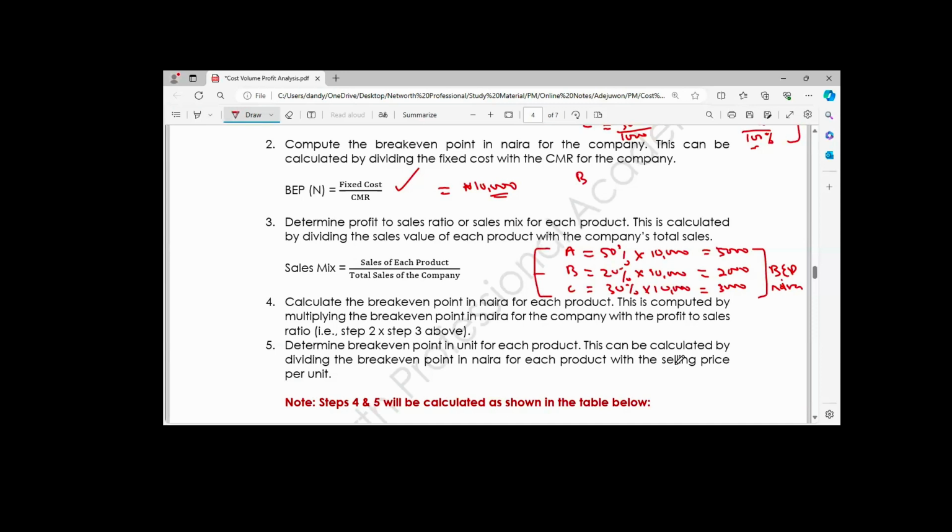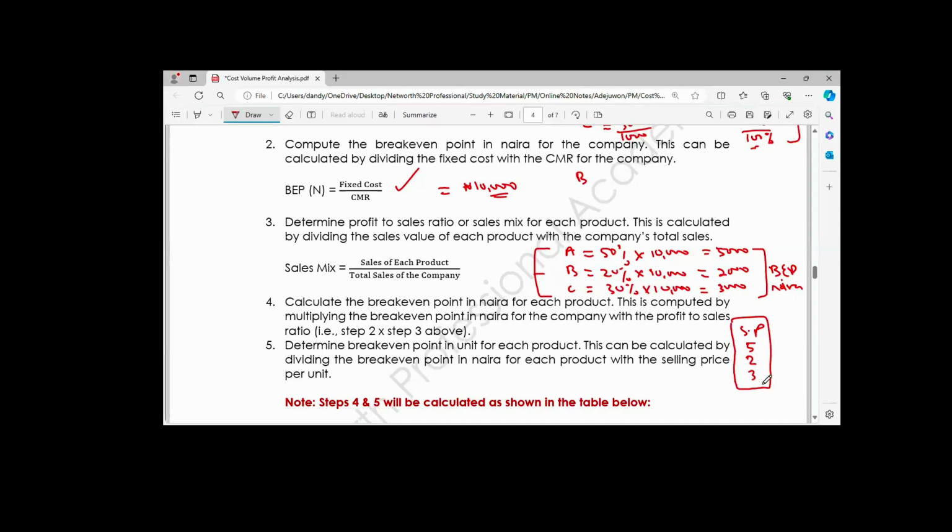So say, for example, selling price of product A is 5 Naira. Selling price of product B, for simplicity, is 2 Naira. Then this is 3 Naira per unit. This represents the selling price.